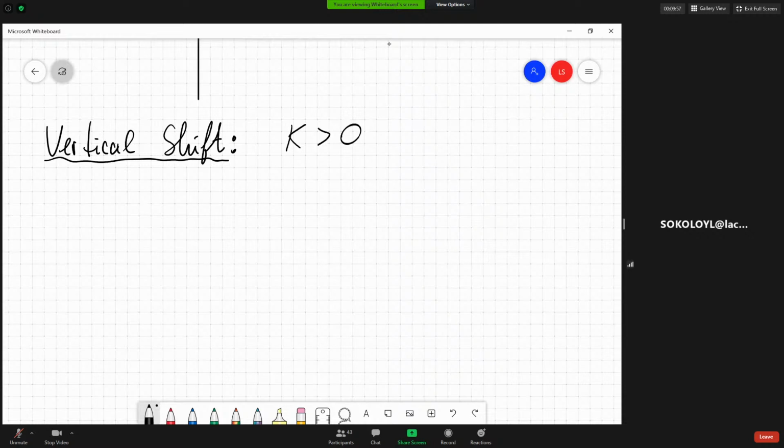K is greater than 0. And the graph of y equals f of x plus k, where f of x is our parent function from the library of functions that we've established, is going to be a graph of f of x, which is shifted k units up.